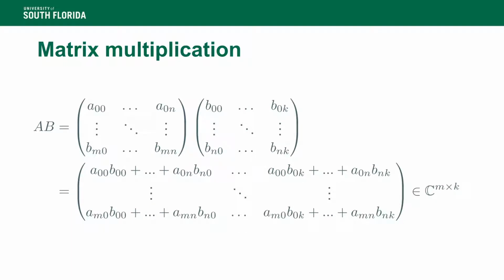Likewise, there is a matrix multiplication. The dimensions have to be compatible, meaning that an m by n matrix can be multiplied by an n by k matrix.